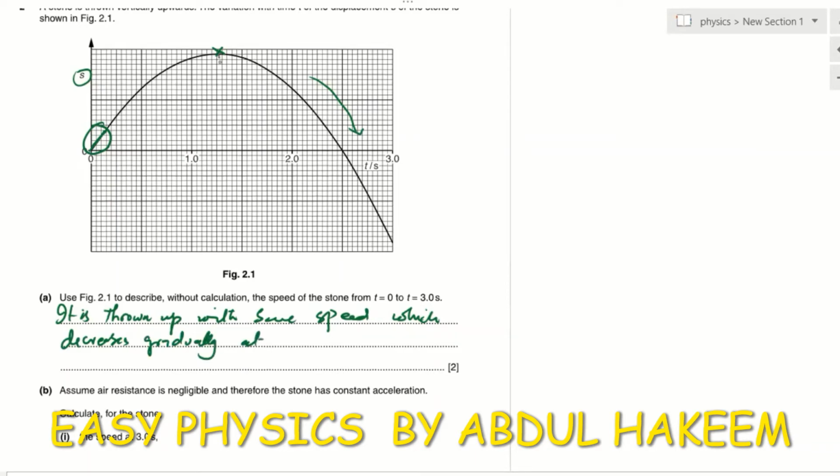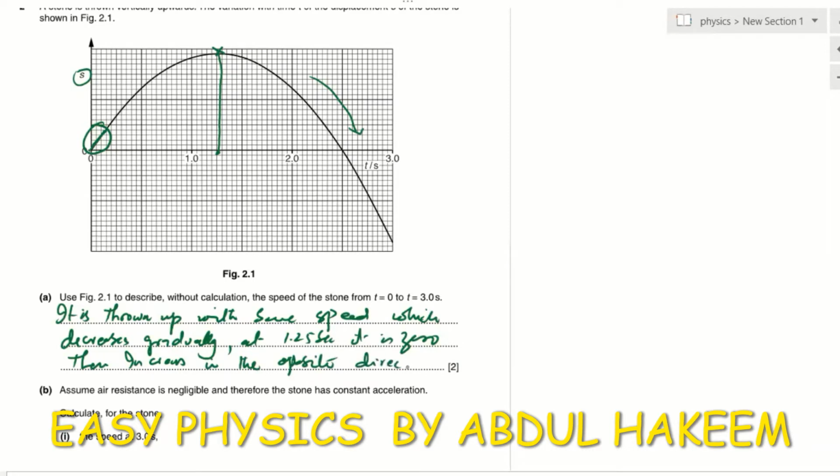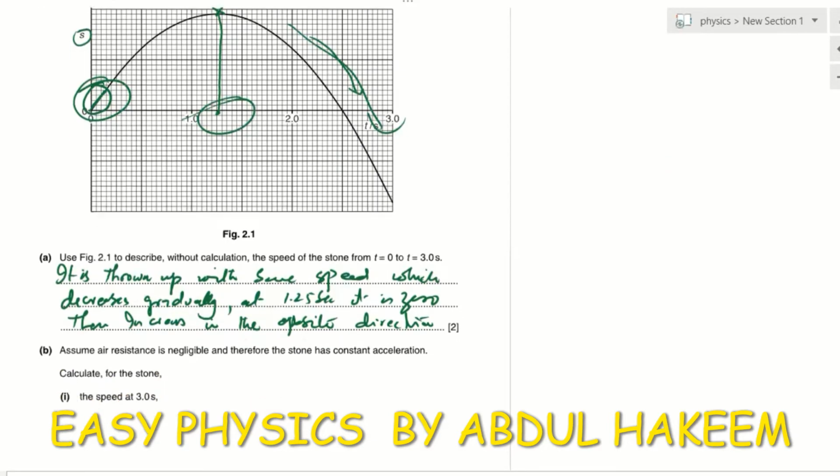At this point, approximately 1.25 seconds, it is 0, then increases in the opposite direction. So here is some speed. It becomes 0 at the top because the gradient at the turning point of the displacement-time graph will be 0. And then it increases after this time, but in the opposite direction because the gradient is negative.